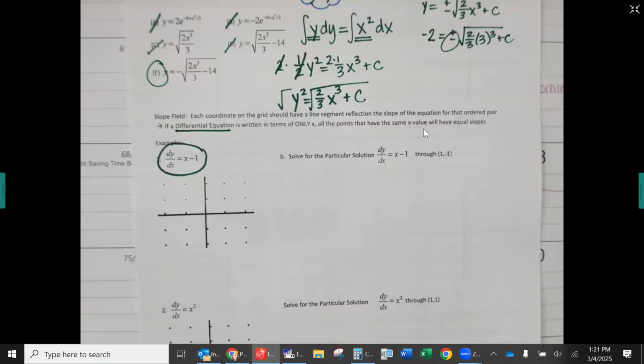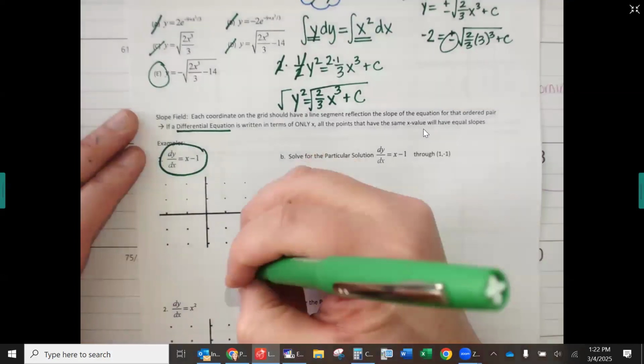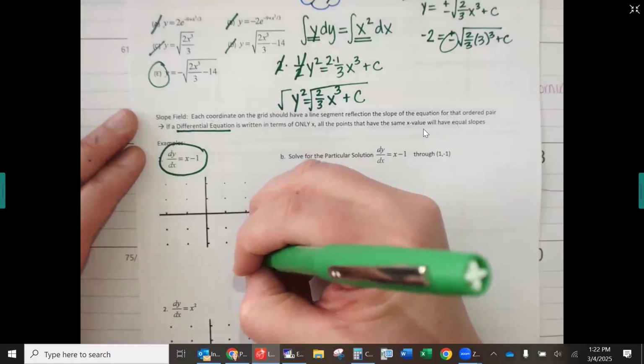So what I mean by that is every point in this line has what x value? So this is 2, 0. 2 comma 1, 2 comma 2. What is everybody in this line's x value? 2. So I want you to put everything here has an x value of 2.